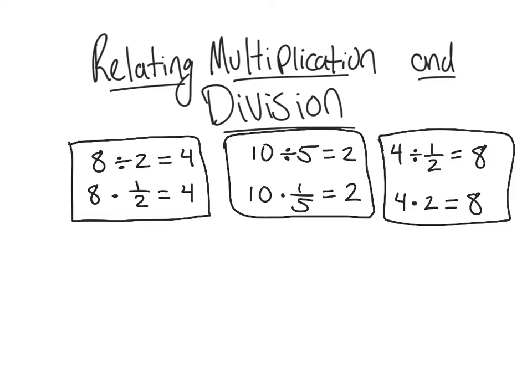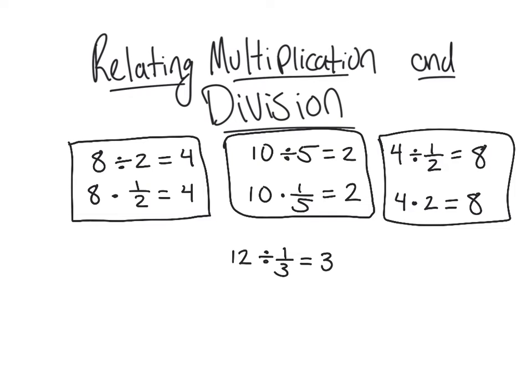All right, let's do one more here. If I have 12 and I divide it by a third, I'm seeing how many thirds are in 12. Okay, so we're taking 12 and we're cutting each whole into thirds, which means that each whole has 3 pieces now.